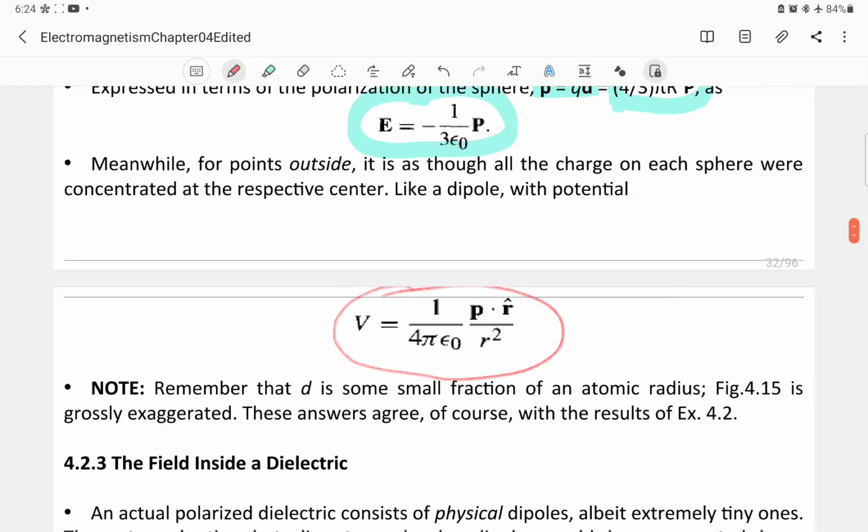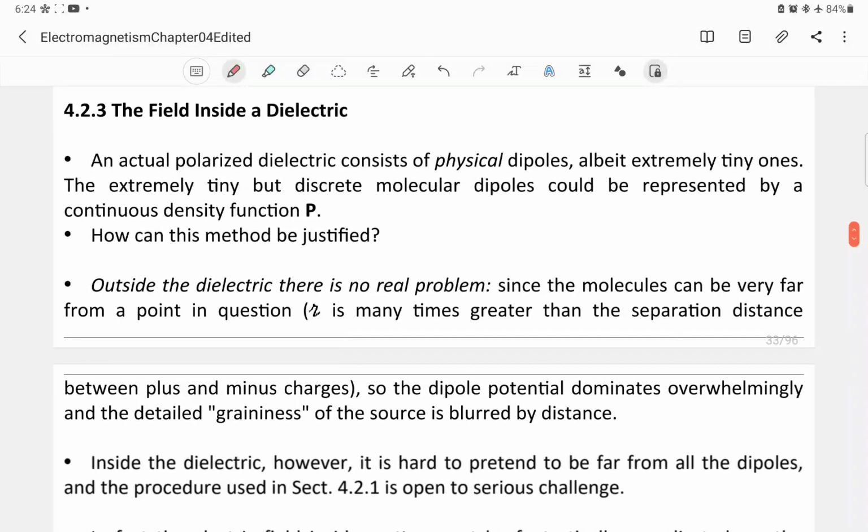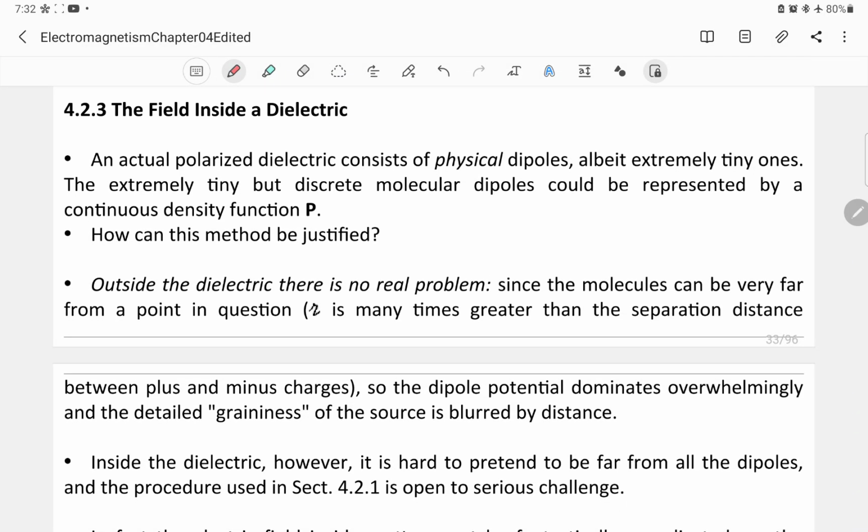So now let's look at the field inside the dielectric. For example, a dielectric material contains an order of Avogadro's number of molecules. Each of these molecules has dipole moments, and the best way you can describe the dipole moments there is through polarization, where polarization is the dipole moment per unit volume.